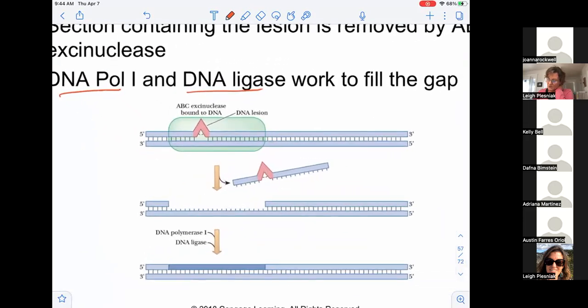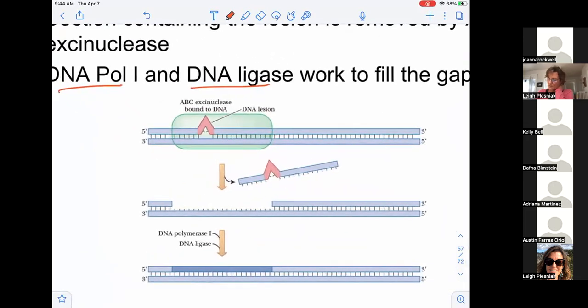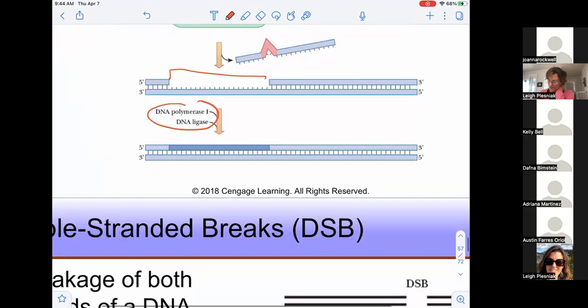So you have some kind of insult to the DNA, as I mentioned, often caused by UV damage, and that's what's represented here. In this case, instead of just taking out that base, it takes out a whole big piece of DNA surrounding it. And then DNA polymerase 1 and ligase comes in and puts it back.